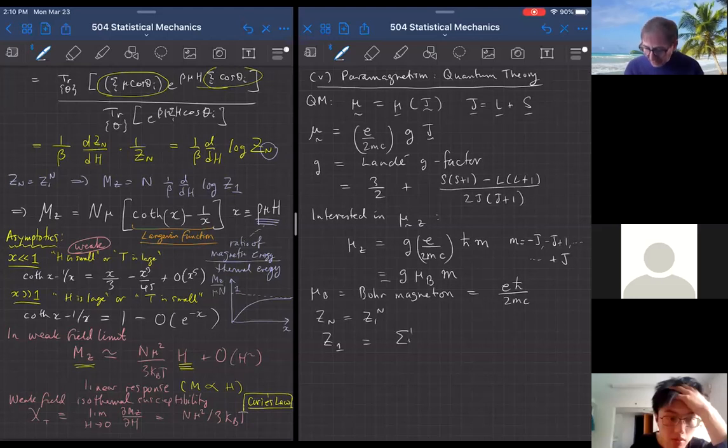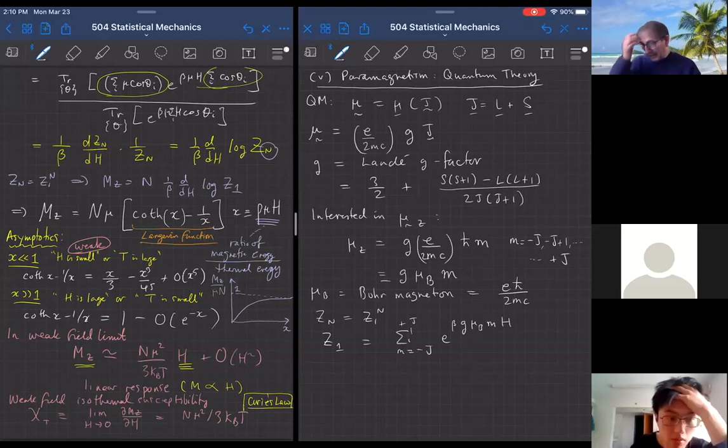We can do that by summing over the magnetic quantum numbers, from minus j to plus j, and our Boltzmann factor is e to the minus beta times the Hamiltonian, which looks like e to the beta times g, times the magneton, times the magnetic quantum number m, times the external field h.